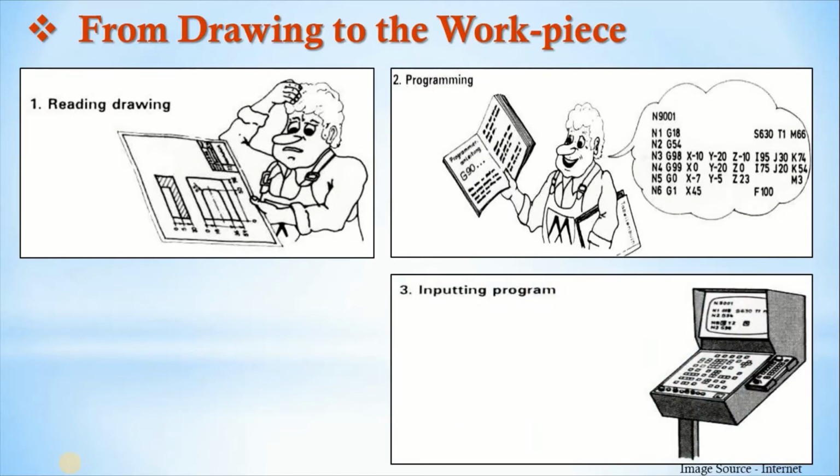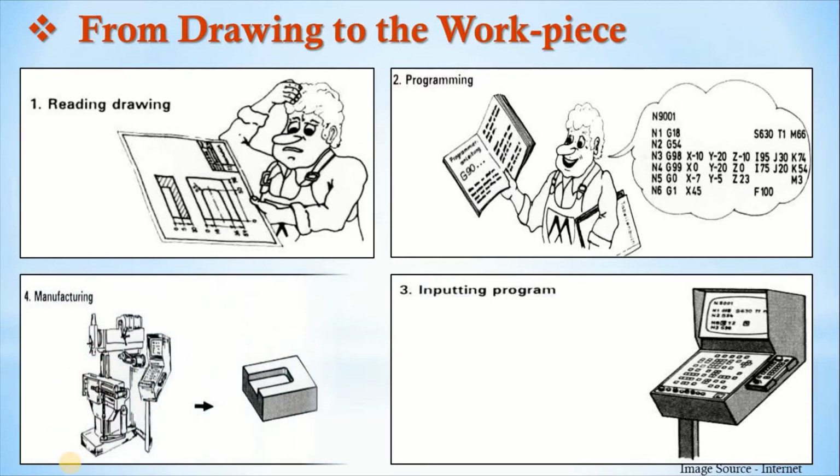Then that G program is input to the MCU, so that the MCU controls the machine through two processes, the data processing unit and the control unit. Based on that we do the manufacturing and get the part as a finished product. These are the steps we have to follow from drawing to workpiece.